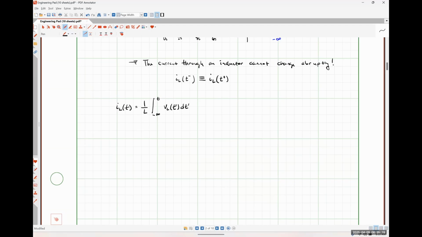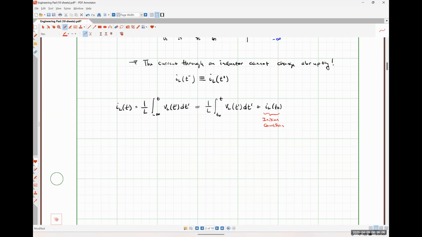So we might choose to express this integral as 1 over L times the integral from t naught, where t naught is just some point in time where we know what the current flowing through the inductor was, to some later point in time t, of V_L of t prime dt prime, plus I_L at t naught, where this is what we tend to call the initial condition on our inductor current.